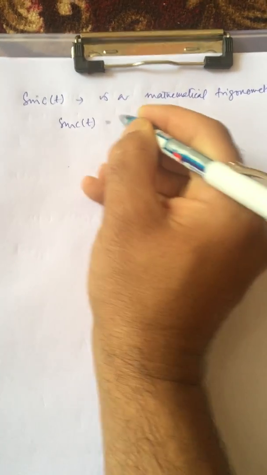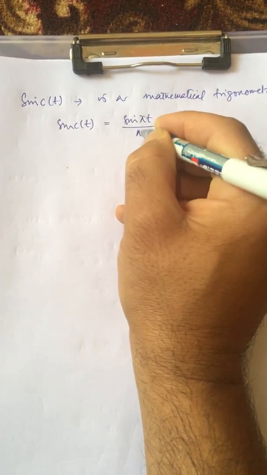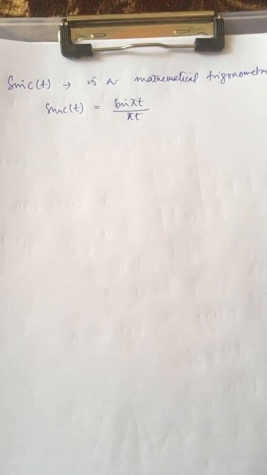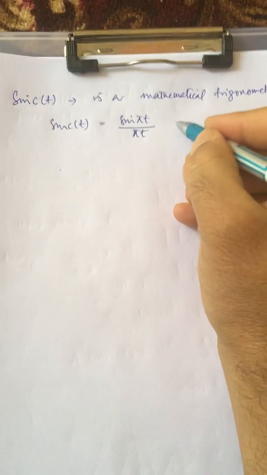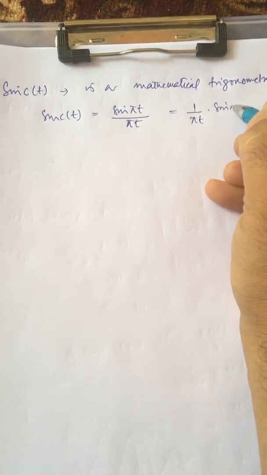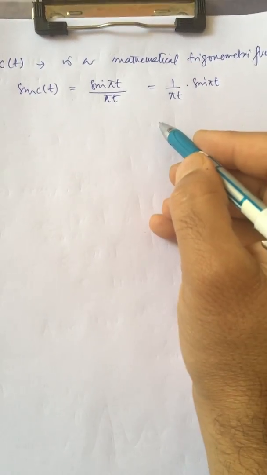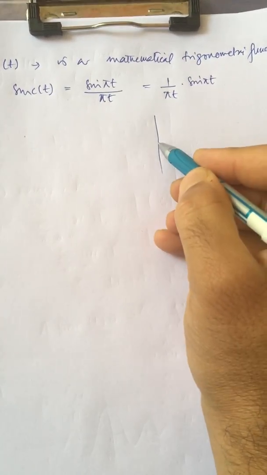Sinc of t can be written as sine of pi t divided by pi t. So sinc of t is equal to sine of pi t divided by pi t, which can be further written as 1 by pi t into sine of pi t. Now we know that the graph of sine of pi t would be like this.